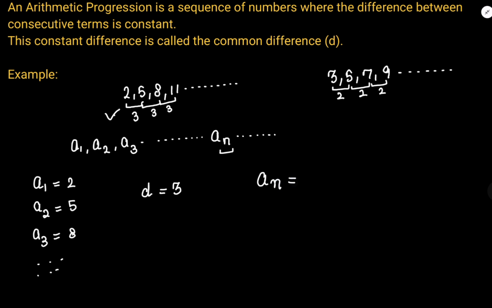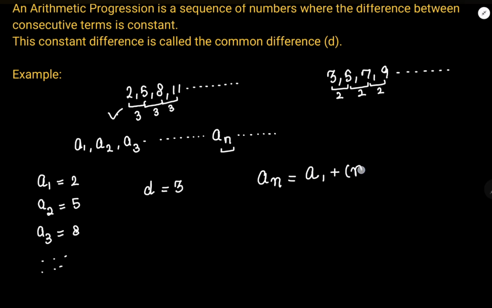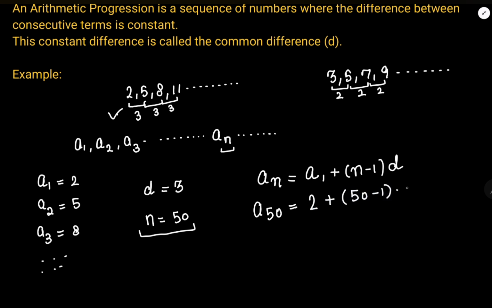And then how do we find the nth term? The nth term is equal to the first term A1 plus n minus 1 times D. If I ask you to find the 50th term of this AP, you will write A50 is equal to the first term, 2, plus 50 minus 1 times D. What is D here? 3, right?